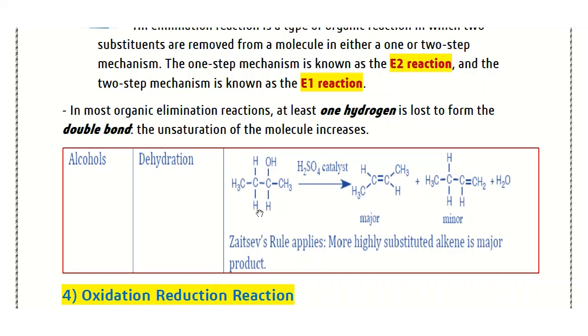When it undergoes the dehydration reaction in the presence of sulfuric acid, two more compounds can be formed as products. One of the major ones will be the alkene molecule. The more highly substituted alkene is usually formed as a result of the dehydration of alcohol.